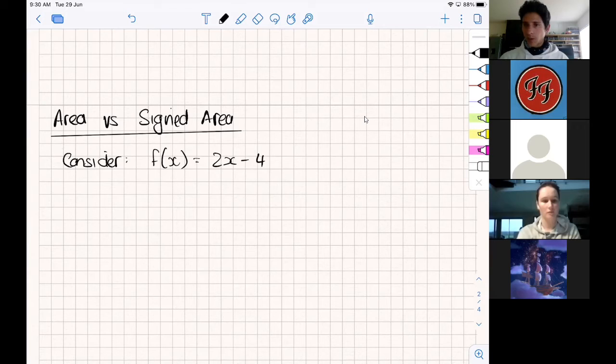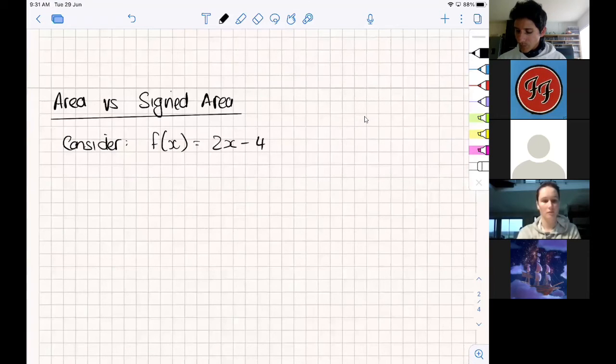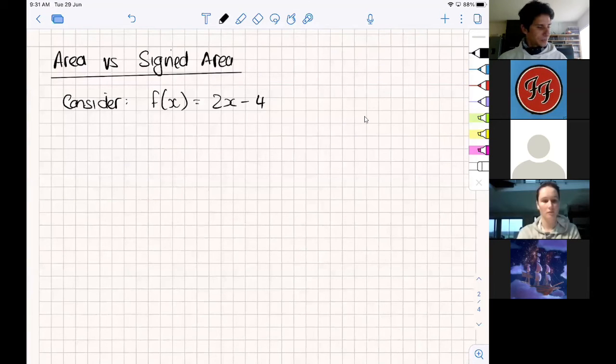Now, if we think about this function, 2x minus 4, this is a straight line. And if you think about it, you could actually work out the area of this just by working out the areas of the two triangles. But let's consider that we don't know how to do that. We want to find the area under this graph between 0 and 4.